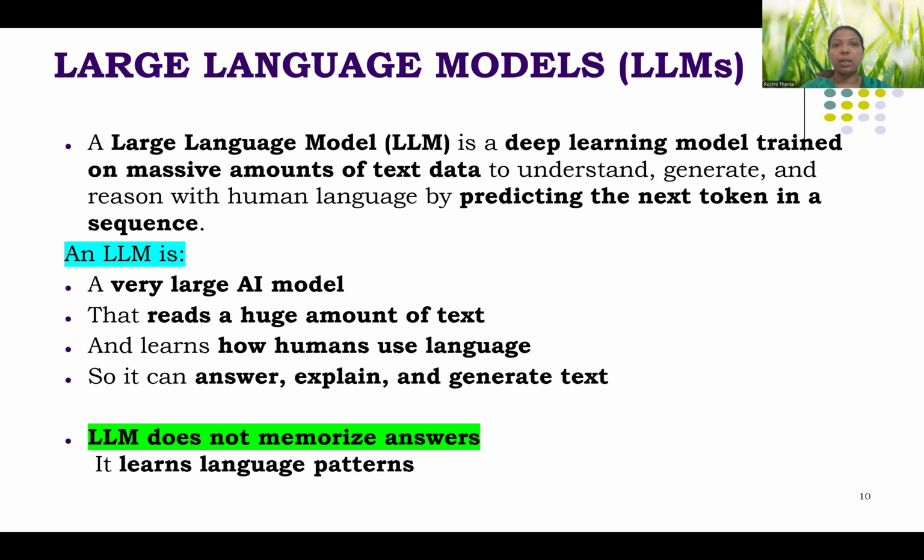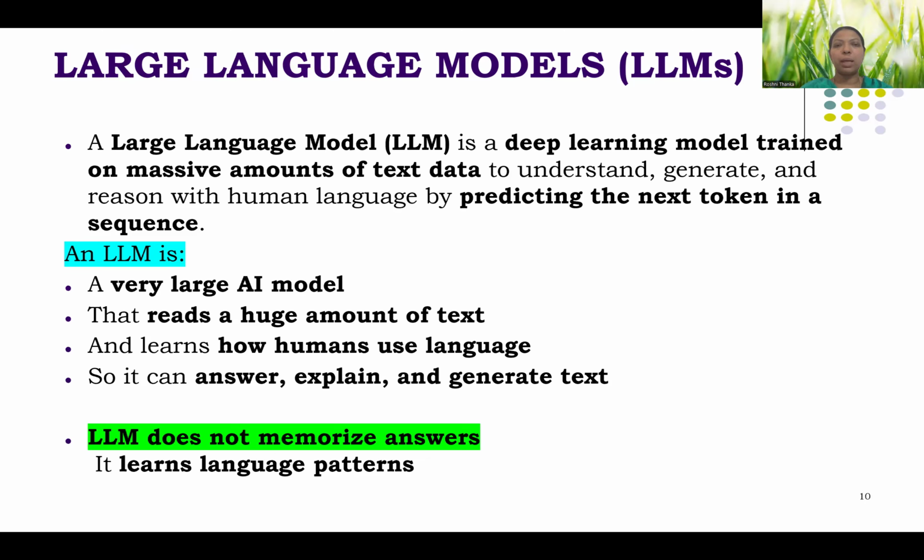The well-known model is GPT. It is able to understand, generate and reason with human language. It need not be grammatically or syntactically correct, nothing like that. It is able to understand human language, and generate, or predict the next tokens in a sequence. This is the speciality of a large language model.